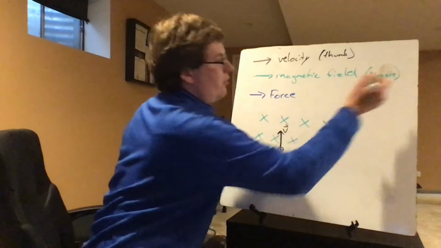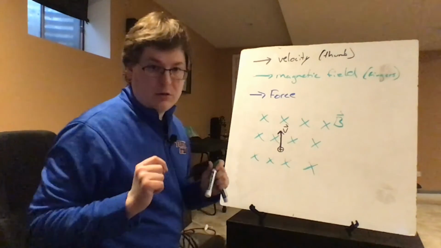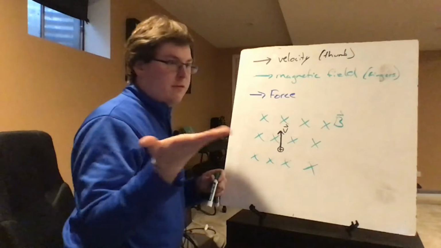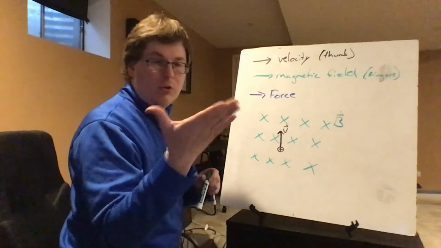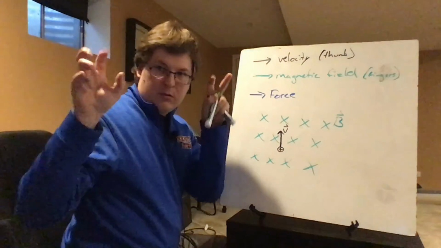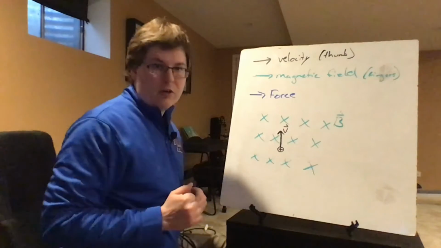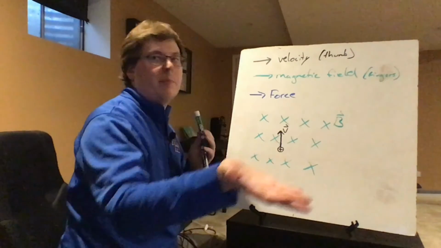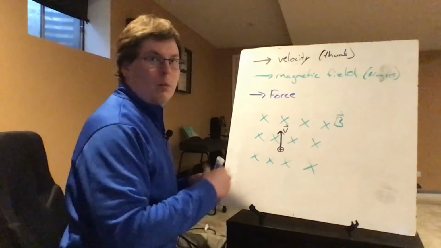And then using your right hand, and provided that it is a positive charge, if it's a negative charge, it's just reversed. You still use the right-hand rule, it's just when you get the answer, you flip it over 180 degrees because it's a negative charge. Opposite sign, opposite direction. But anyway, the force is the direction that your palm would point.